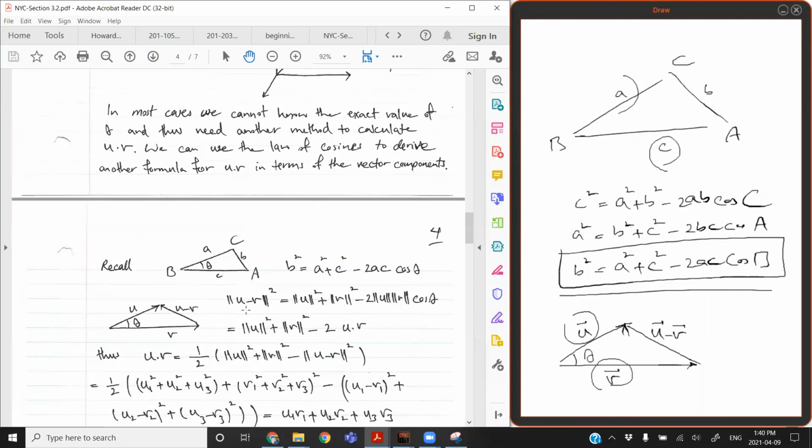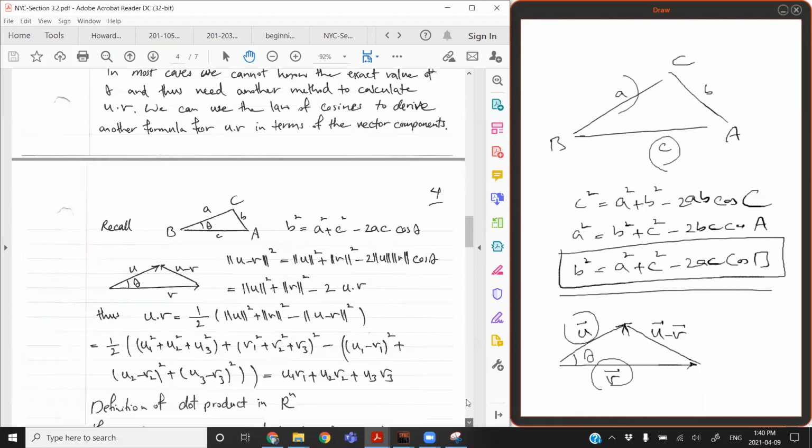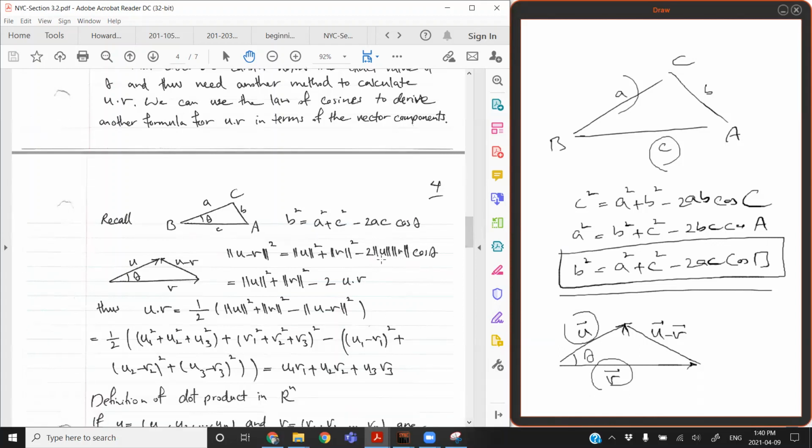I can replace b squared with the norm of u minus v squared, a squared with the norm of u squared, and c squared with the norm of v squared, minus 2 norm of u, norm of v, cosine of theta. However, you can now see that this part, norm of u times norm of v times cos theta, is the dot product.